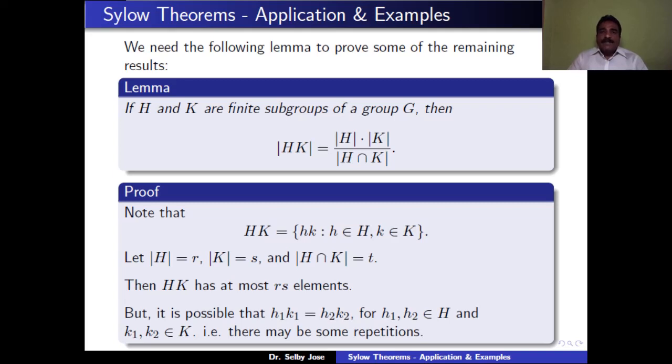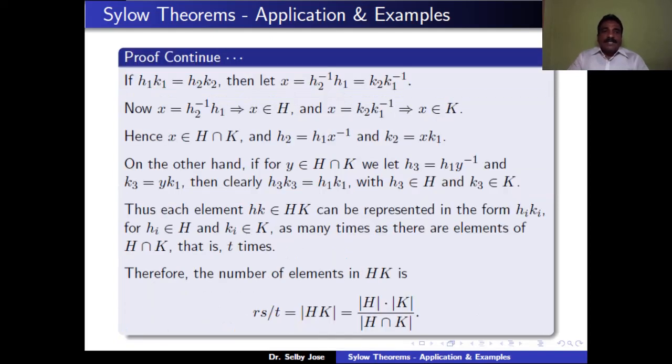But it is possible that h1 k1 is equal to h2 k2 for some h1, h2 in H and k1, k2 in K. That means there may be some repetitions. So if h1 k1 is equal to h2 k2, then h2 inverse h1 is equal to k2 into k1 inverse.